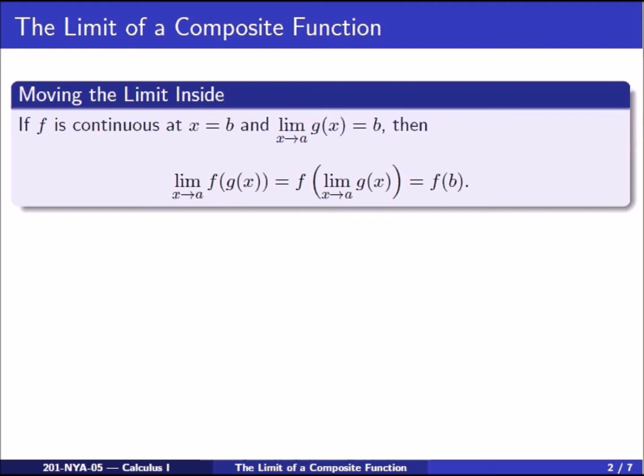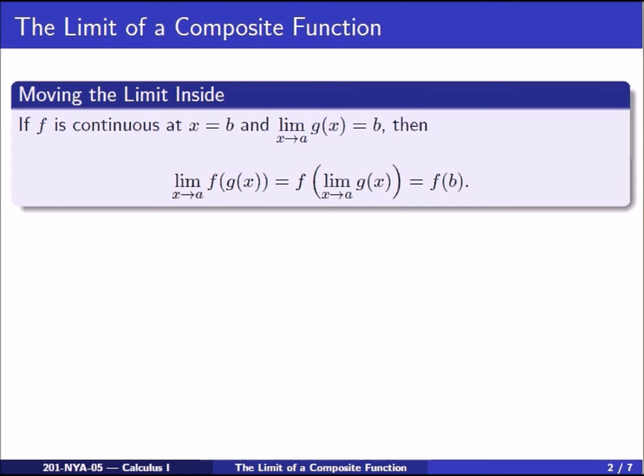In that case, if I have the limit as x approaches a of the composite function f of g of x, then I'm allowed to put the limit inside the outer function f, and in that case I have f of the limit of g of x, and since the limit of g of x as x approaches a equals b, then the answer is f of b.